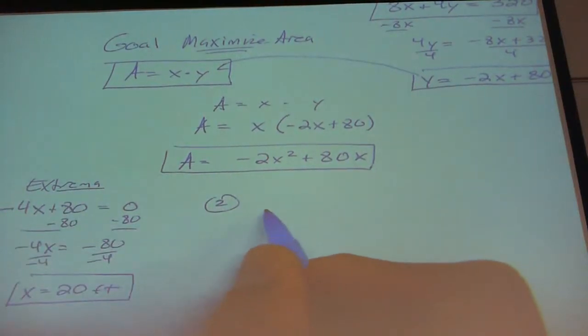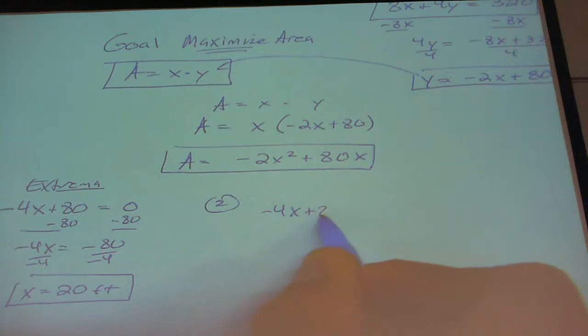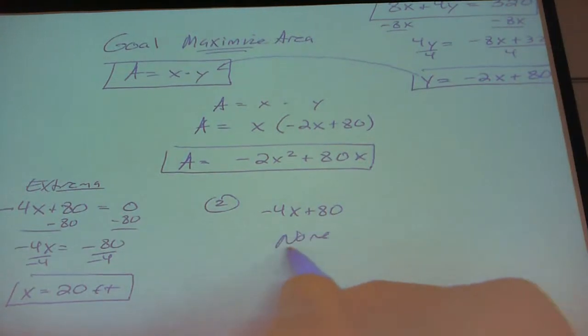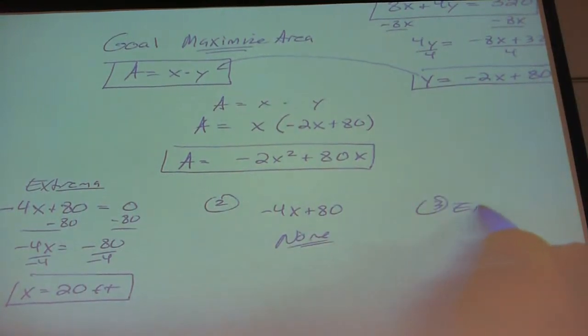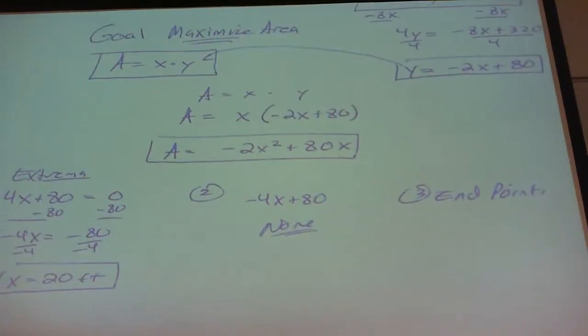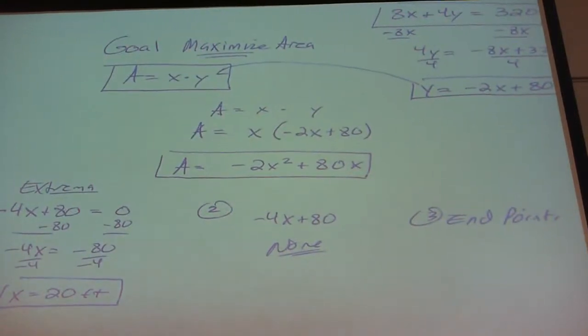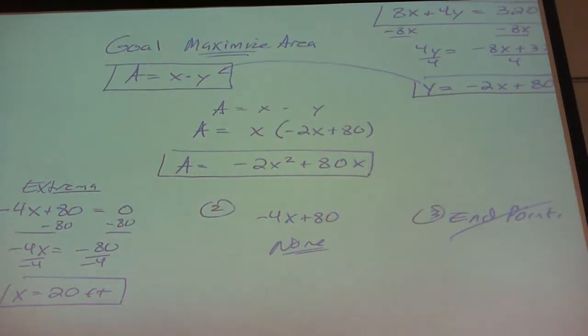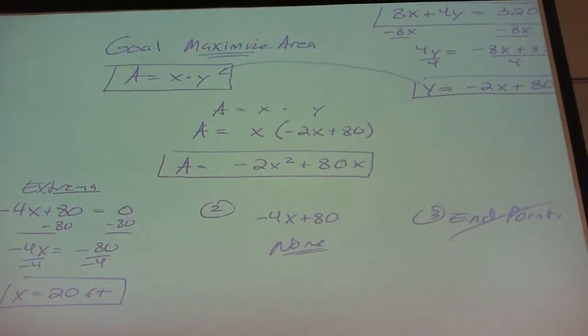The second thing is looking at the derivative. Is there any place this could be undefined or dividing by x or anything like that? None. And then the third thing are endpoints. They didn't give us any endpoints. We can kind of figure out that it has to make sure that it equals 320, but the extremes would not work. So I don't have to worry about endpoints.